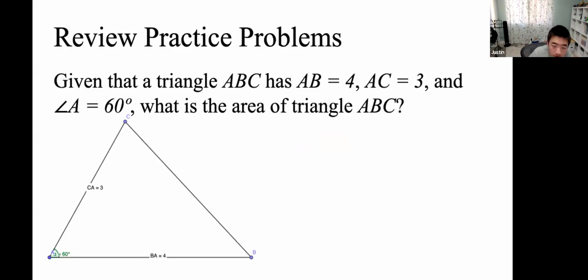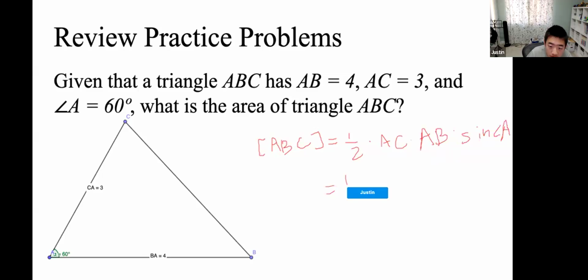The area of triangle ABC is going to be 1/2 times AC times AB times the sine of angle A, which is 1/2 times 3 times 4 times sine 60.